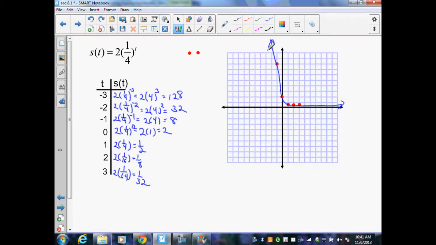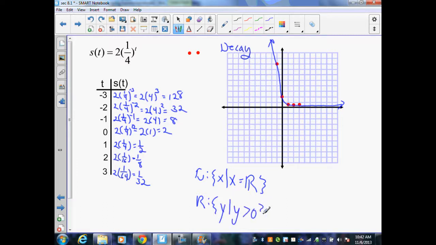And as you can see in my graph, from left to right, I am decreasing. That's how I know that this is a decay. Also, by viewing the value of b between 0 and 1, I can find my domain, my x values, and that can be all real numbers. And my range in this situation is going to be y is greater than 0.